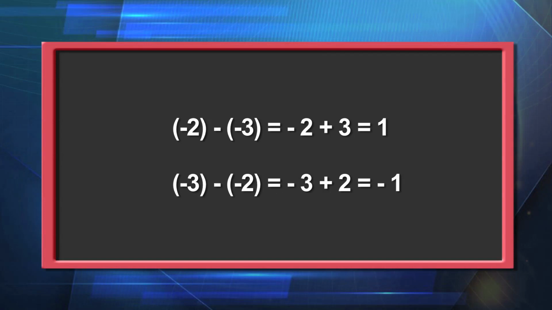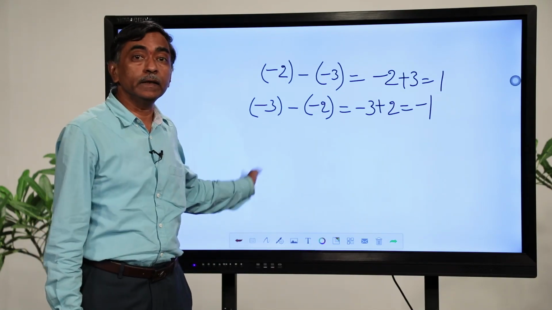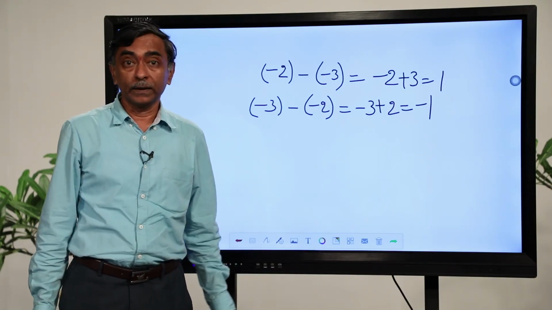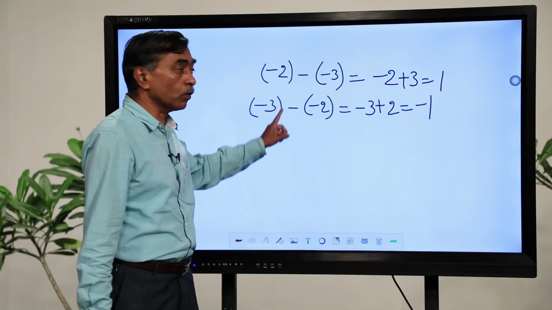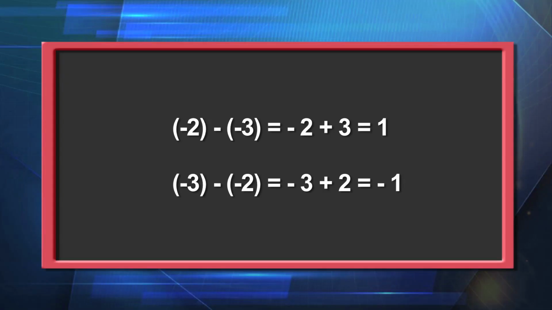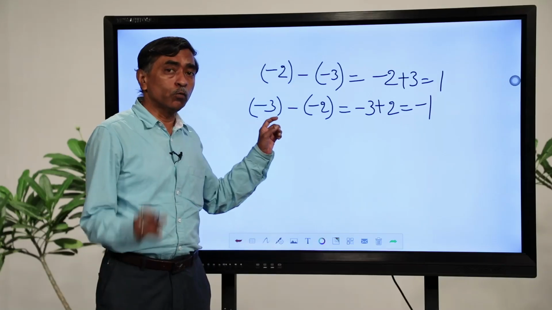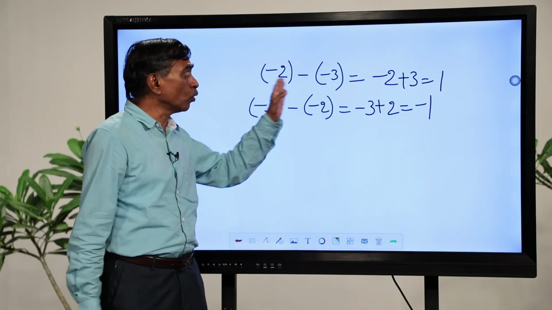Under the operation of subtraction, we found that the natural numbers, the whole numbers and the integers, they do not commute, that is the commutative property does not hold, for the operation of subtraction on the collection of numbers, that is natural numbers, whole numbers and the integers. So, here you can see that one more thing you need to observe, that these were not also closed.